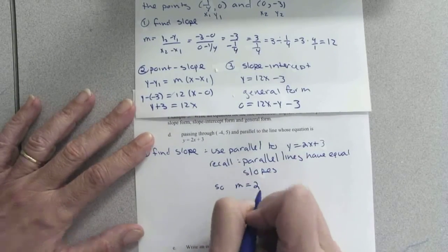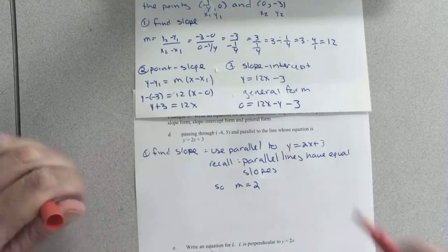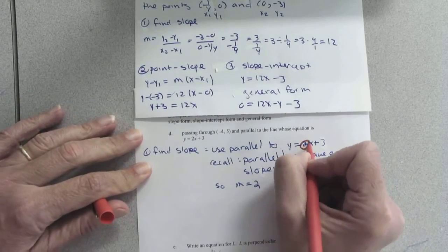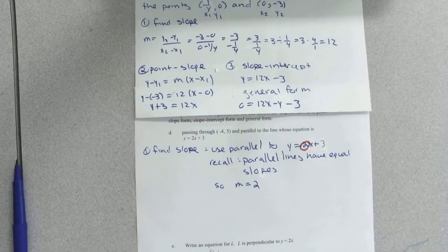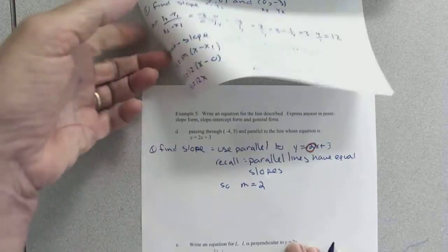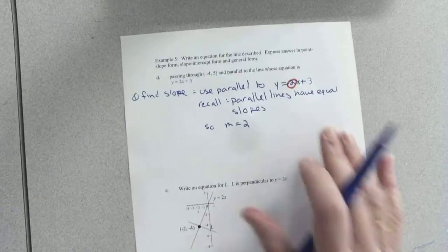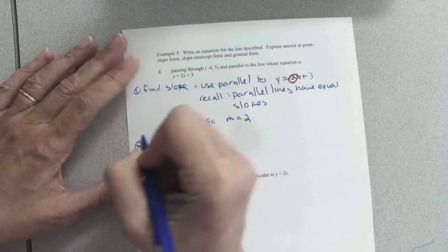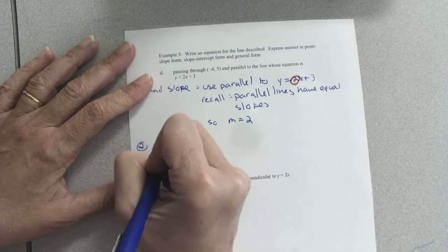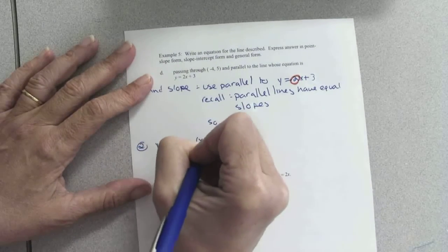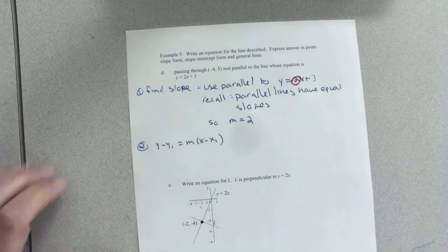So m equals 2. Since this is in slope-intercept form, I can just pull off that 2, and my slope is 2. And this is step 2: use point slope.